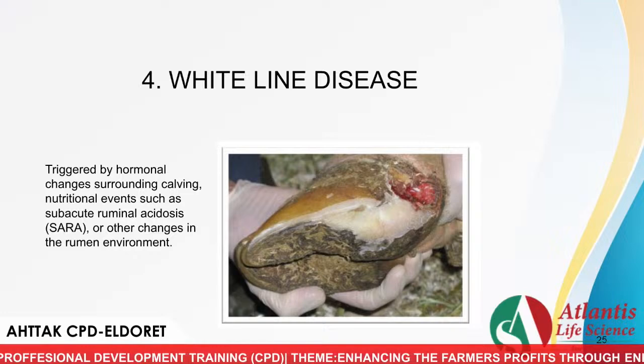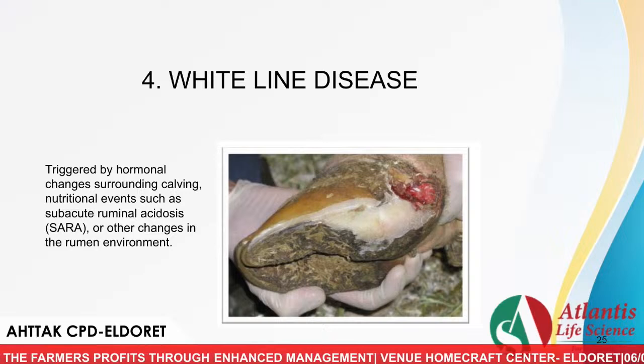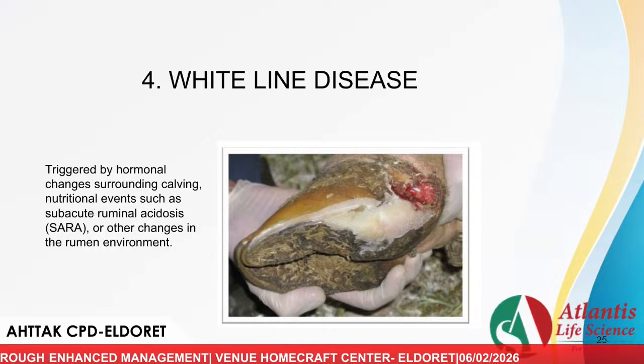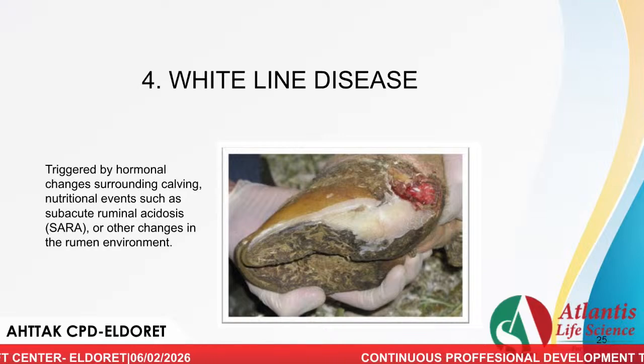So, as I said, the white line is just underneath the hoof. When there is laminitis, we have the hoof wall, then the white line lining the hoof, and then the lamina.